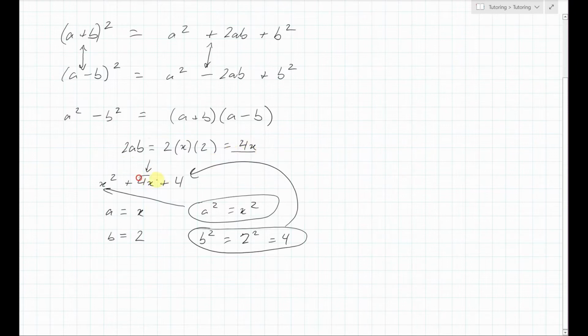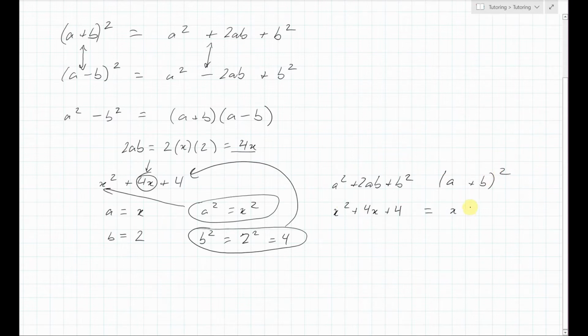The 4x and 4x are equal, so because we found that a squared plus 2ab plus b squared follows the same format as x squared plus 4x plus 4, we can say that this is (a plus b) squared.